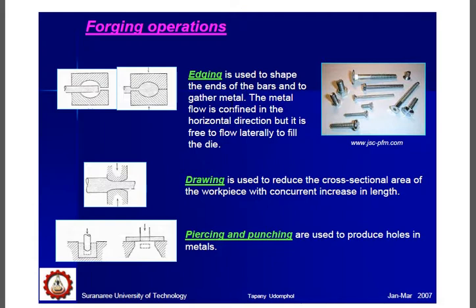The metal flow is confined in the horizontal direction, but it is free to flow laterally to fill the die. Drawing is used to reduce the cross-section area of the workpiece with a concurrent increase in length. Piercing and punching are used to produce holes in metal.